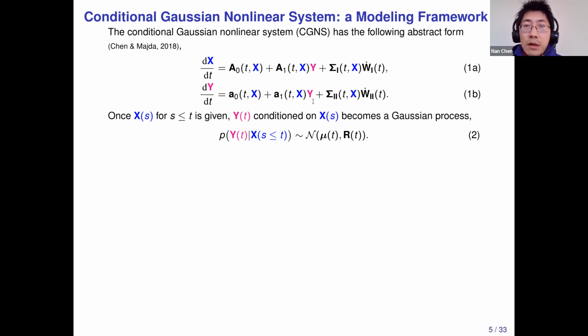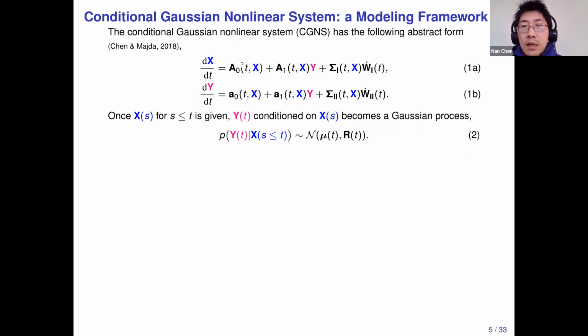But there is one very special feature of this kind of system. That is, if we are given one time series of this X, then conditional on this given time series X, the distribution of this Y will become a Gaussian distribution.